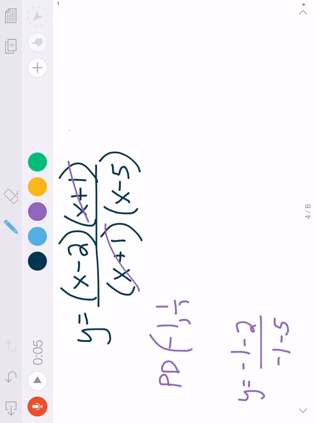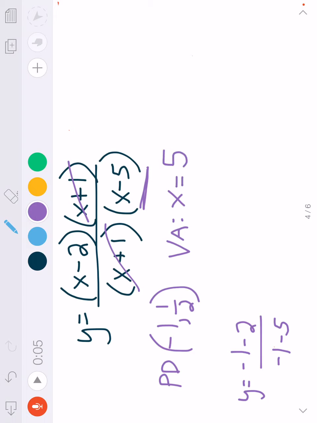So that would be my point of discontinuity. But I also have a vertical asymptote in this example because I have a factor that did not cancel out. So my vertical asymptote in this case would be x equals 5.